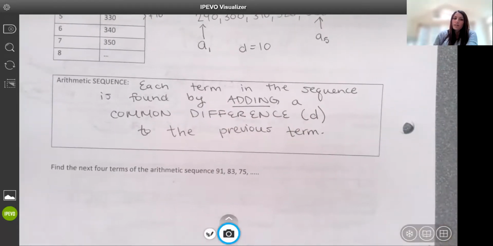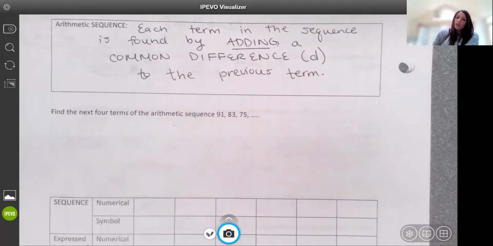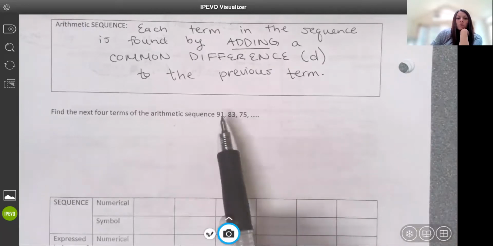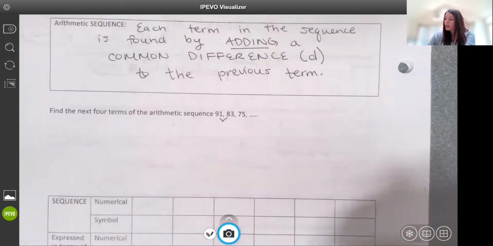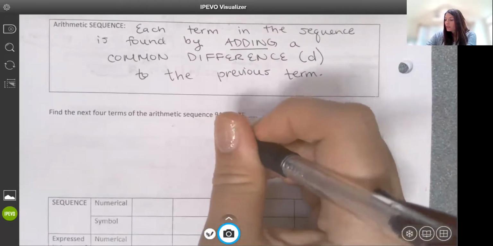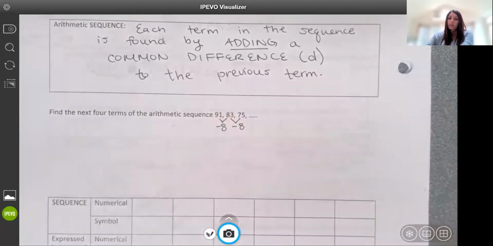And we have another example of a sequence with a common difference below. So it says find the next four terms of arithmetic sequence 91, 83, 75. So we can see that the change from 91 to 83 would be -8. And then from 83 to 75, we'd be taking away 8 again.